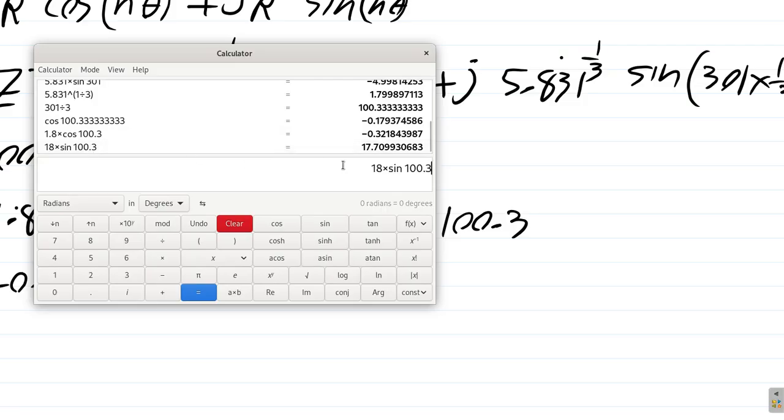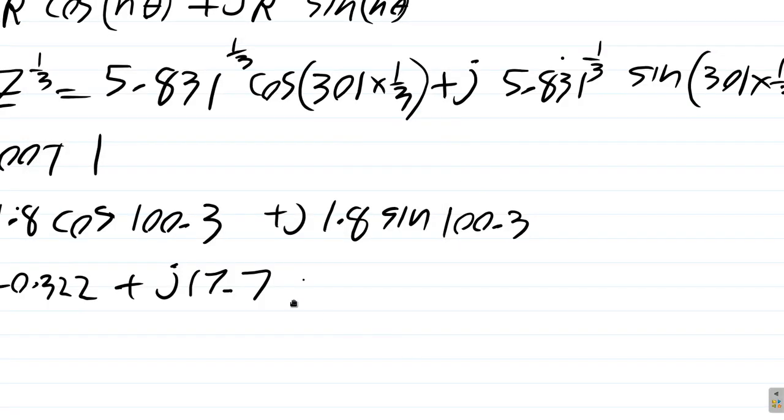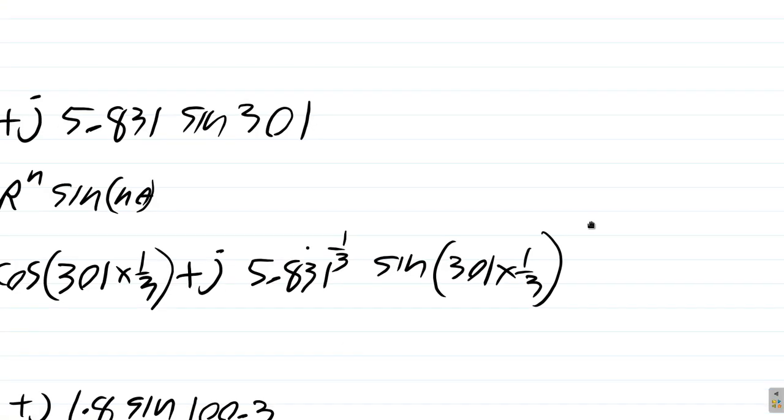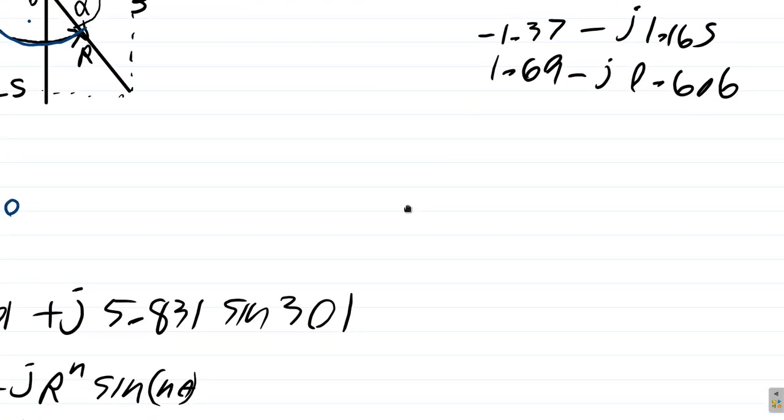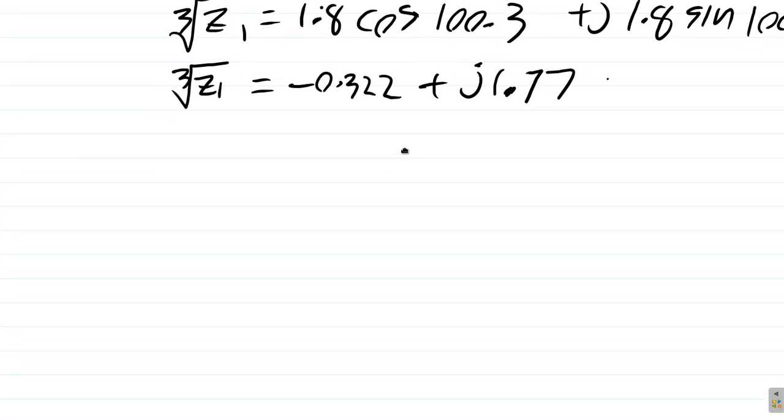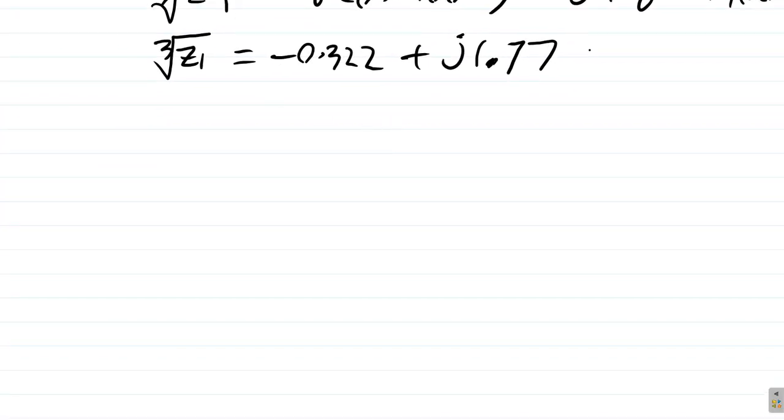So it's 1.8. I didn't put the point. Equal, yeah, 1.77, not 17.7. I didn't put the point there. 1.77. Negative 0.322 plus j 1.77. Right? That's what I got for one of them. Good. Did you get that?